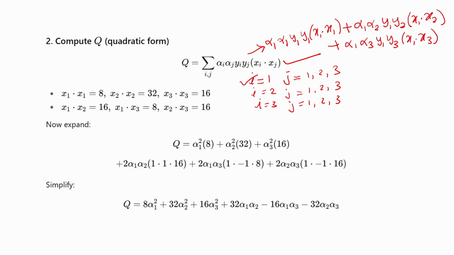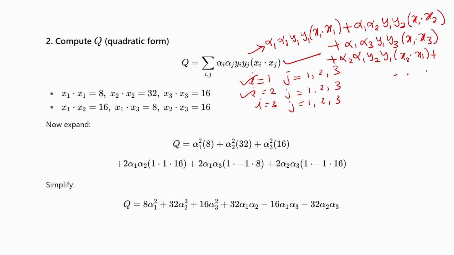Again, we have more terms. Now i is equal to 1 is over. Now i is equal to 2. This becomes alpha 2 alpha 1, j is equal to 1, then y2 y1 x2 dot x1, plus etc. You have to complete this equation by substituting.